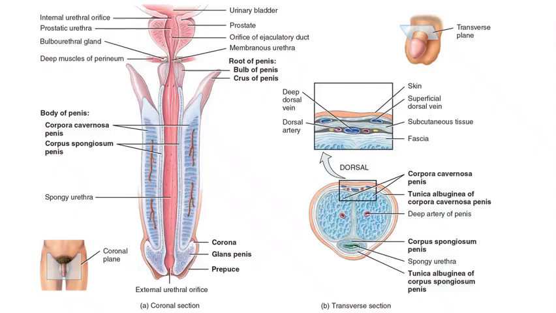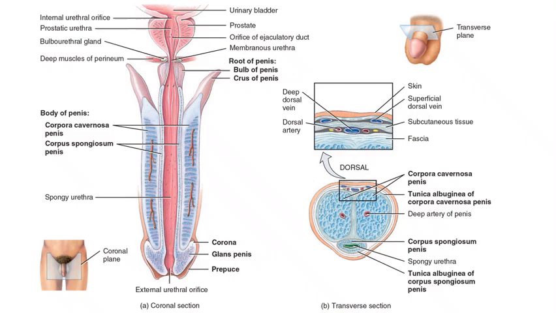The bulb of the penis is attached to the inferior surface of the deep muscles of the perineum and is enclosed by the bulbospongiosus muscle, a muscle that aids in ejaculation. Each crus of the penis bends laterally away from the bulb to attach to the ischial and inferior pubic rami and is surrounded by the ischiocavernosus muscle.